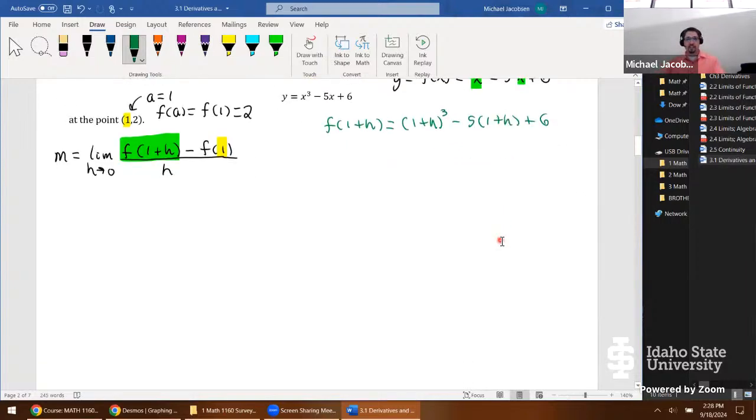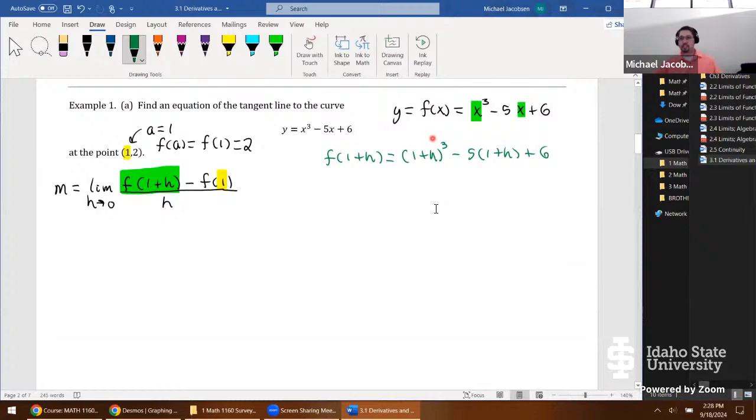So let's scroll down and just start cranking this out. 1 plus h cubed just means take 1 plus h times 1 plus h times 1 plus h. Then I'm just copying the rest of it, minus 5 times 1 plus h plus 6.